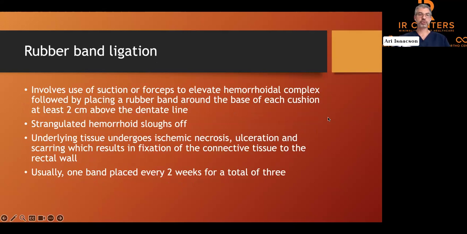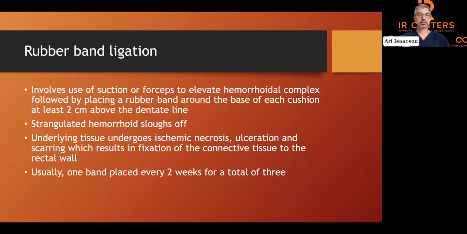What this involves is a transrectal procedure. They'll go into the gastroenterologist's office, and through the rectum, a device will be placed which will basically capture the hemorrhoid, either with a forceps or with a vacuum device, and then place a band around the bottom of it, strangulating it so that the blood can't get into it.